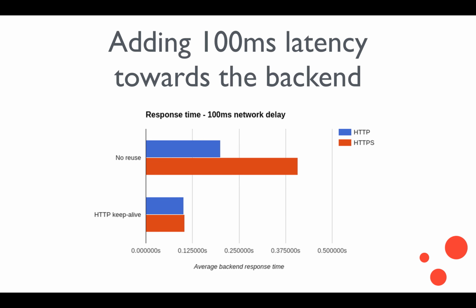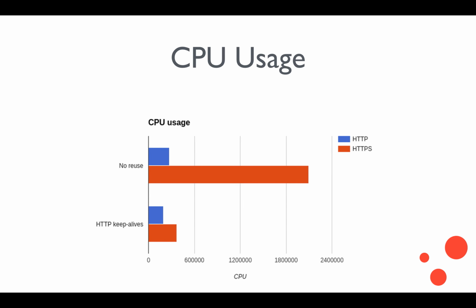Moving on to some graphs showing the CPU usage here. As expected, especially when we are doing full TLS handshake, the CPU time spent goes through the roof for the encrypted connections.